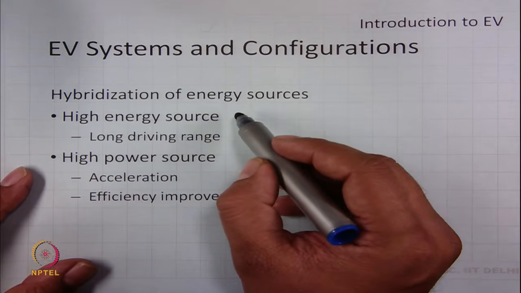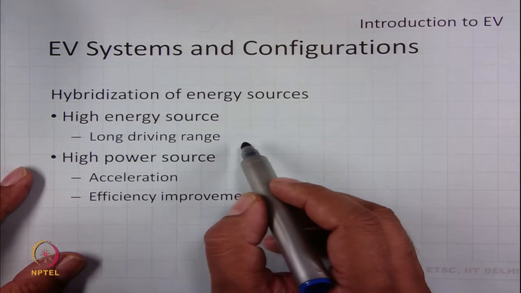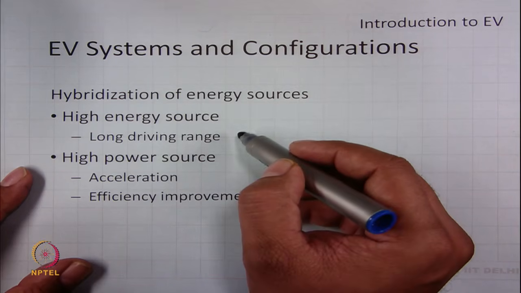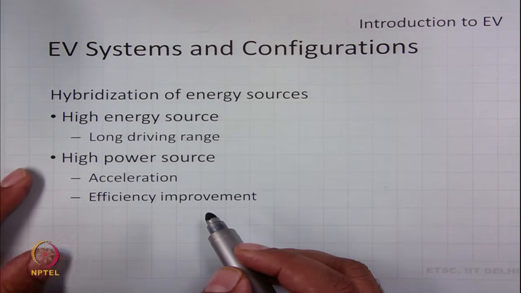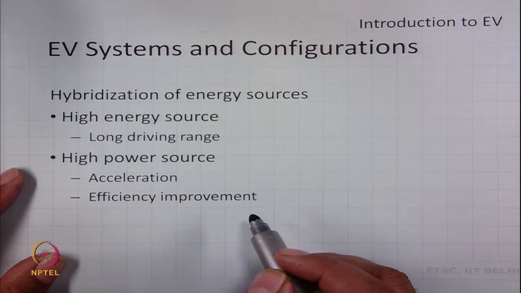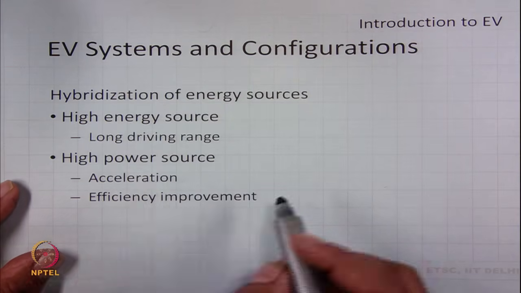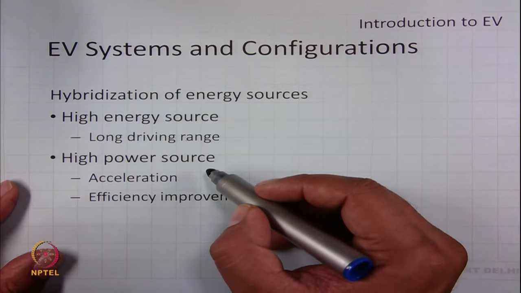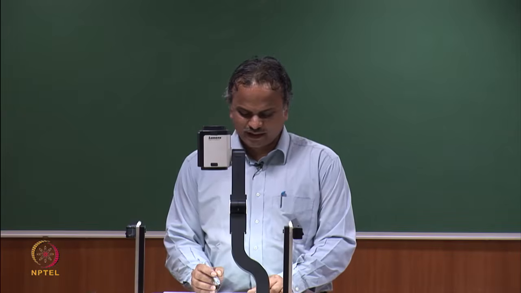So, when we go for hybridization of energy sources, as said earlier, the requirement of a high specific energy or high energy source is due to long driving range. So, any EV will look for such a source that the range requirement is obtained. Secondly, we need a high power source, such that the acceleration requirement is taken care of, which is required during starting, overtaking or hill climbing.